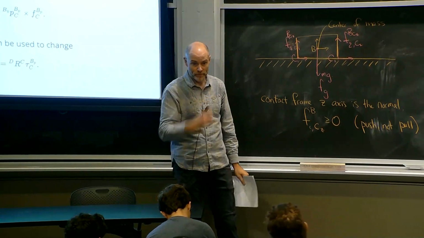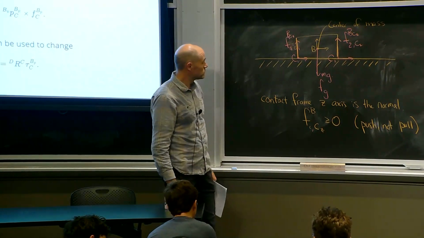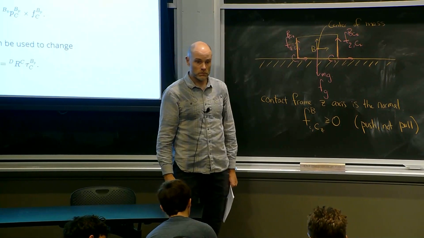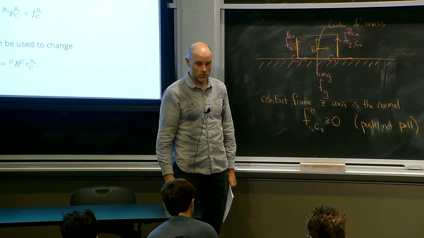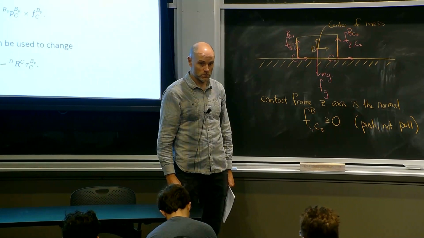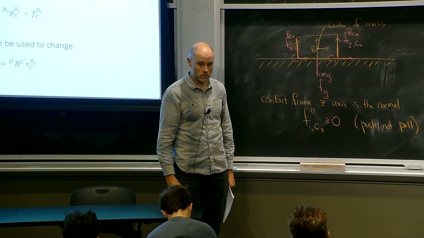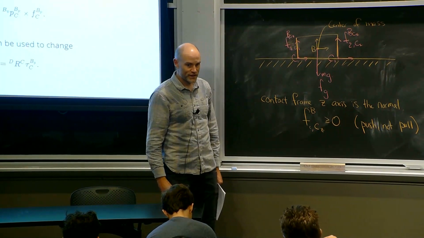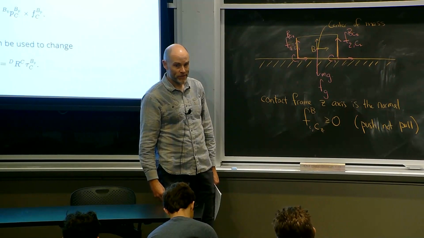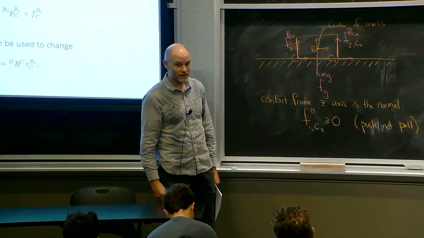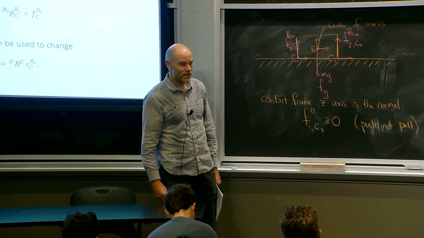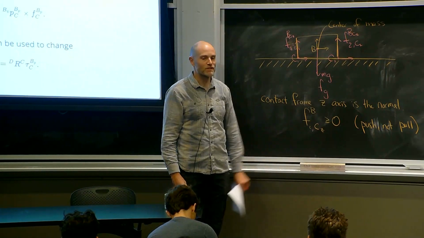Yeah? Because you're defining the contact point in the corner. And so the normal of the corner is the average of... Good. I'm going to tell you how to define the contact normal in a second.